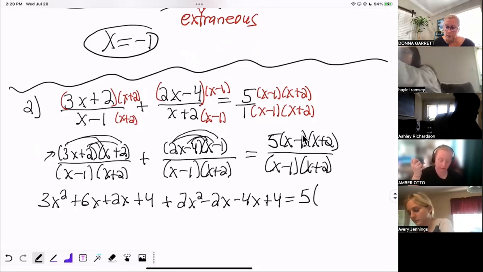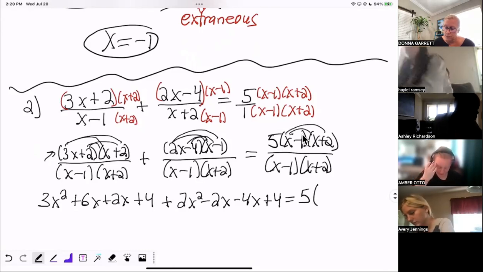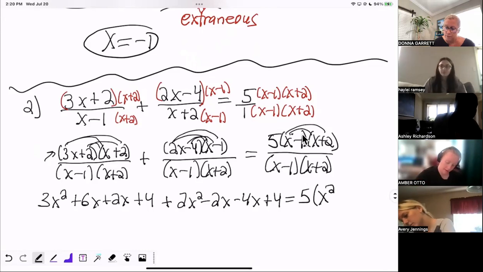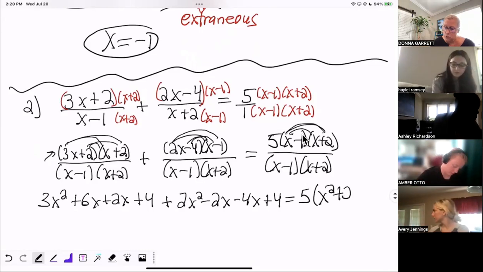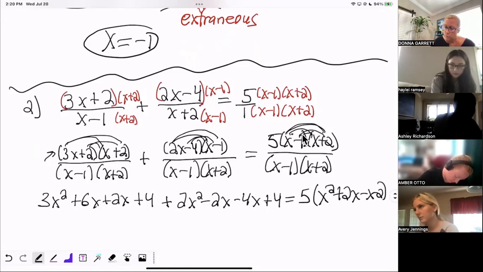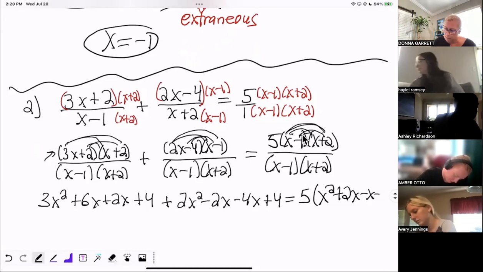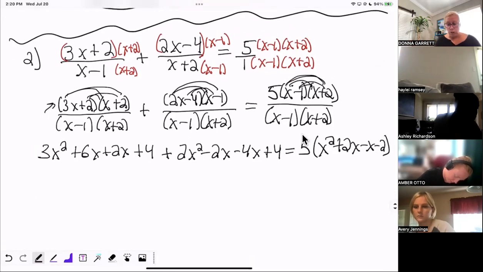I'm going to FOIL this first. So x squared plus 2x minus x minus 2. Let me fix that so you can see it better. Minus 2. Now we have a mess, but we'll fix it. We're going to combine like terms, right?